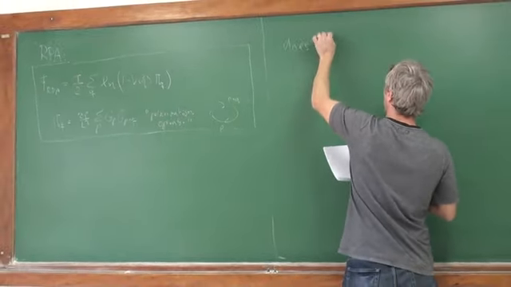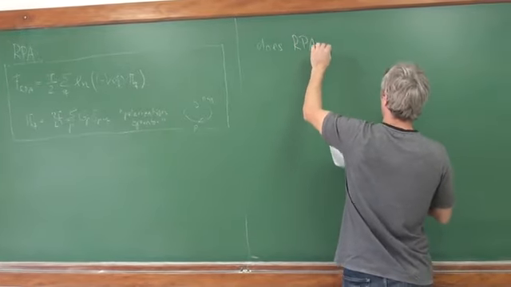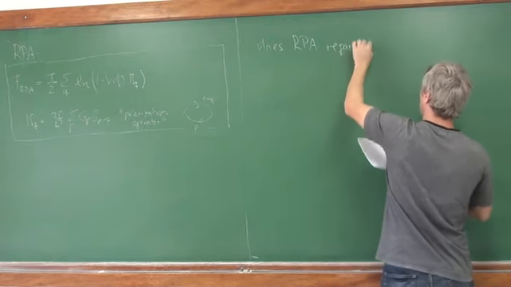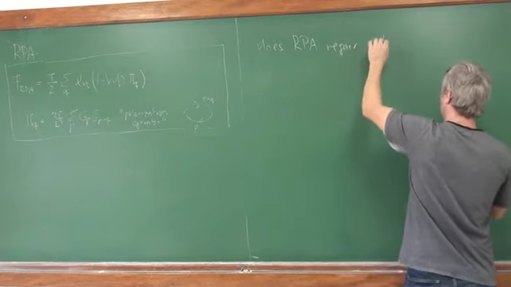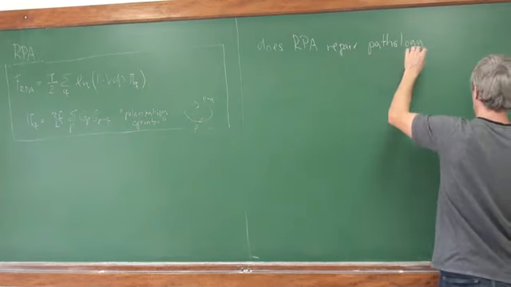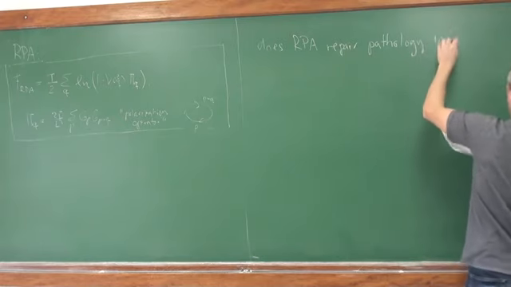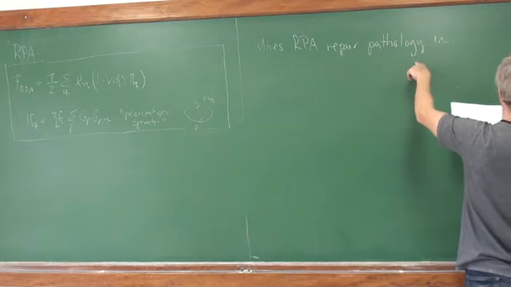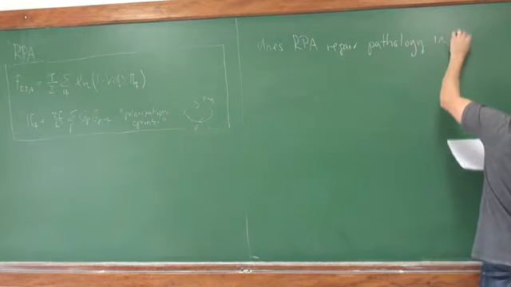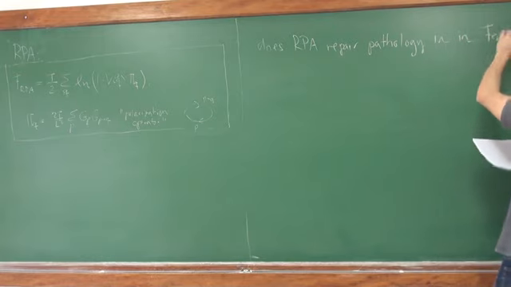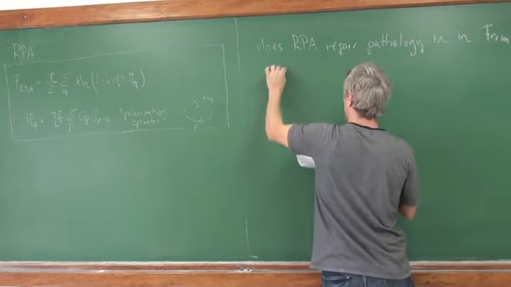The question: does this RPA, the random phase approximation, repair the strange result that we found for the density of states in low order perturbation theory? So does RPA repair the pathology in the Fermi surface density of states, the density of states evaluated at the Fermi surface?